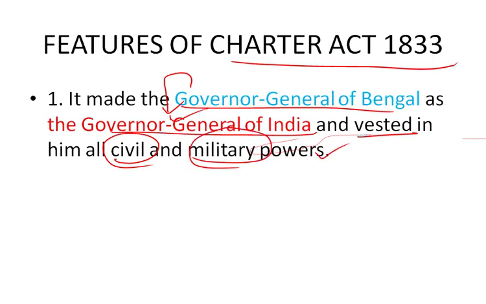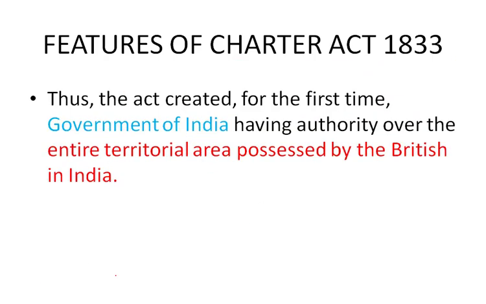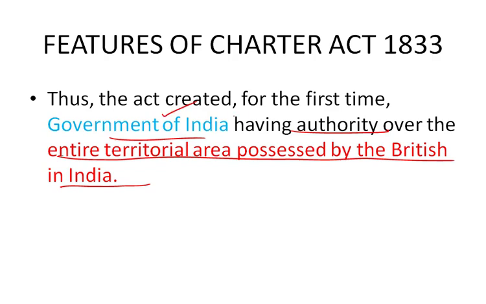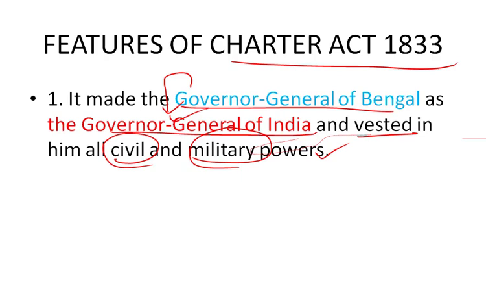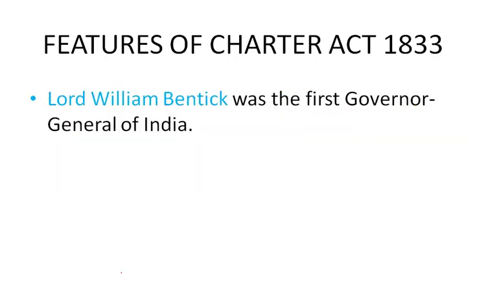Through this Act, the entire territorial area possessed by the British in India will be ruled by a common authority, that is, the Government of India headed by the Governor General of India. And who is the first Governor General of India? Lord William Bentinck became the first Governor General of India.